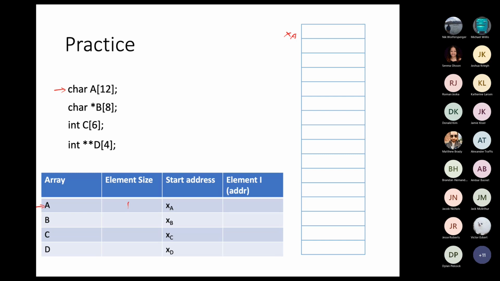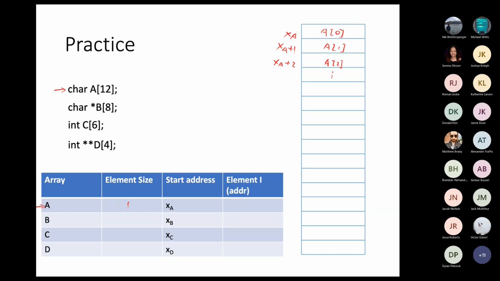You can see here should be A0, A1, A2, and then here should be XA plus 1, XA plus 2. The reason we add 1 and 2 is because each element is 1 byte.